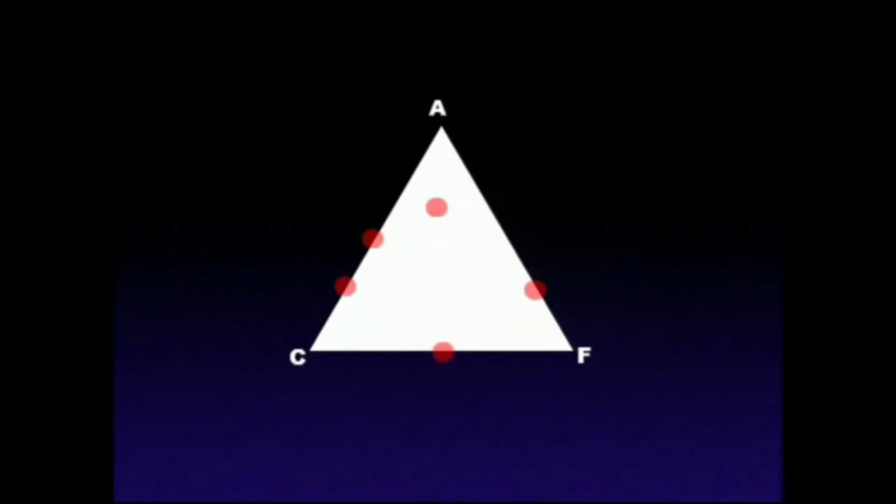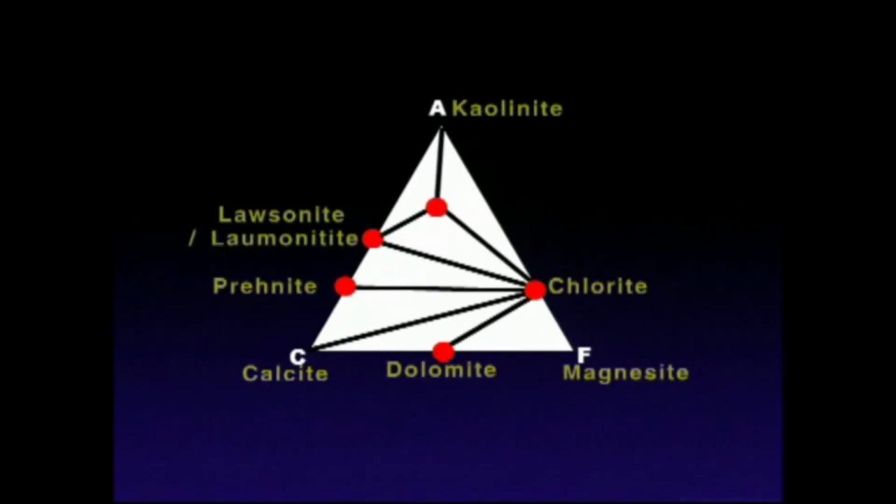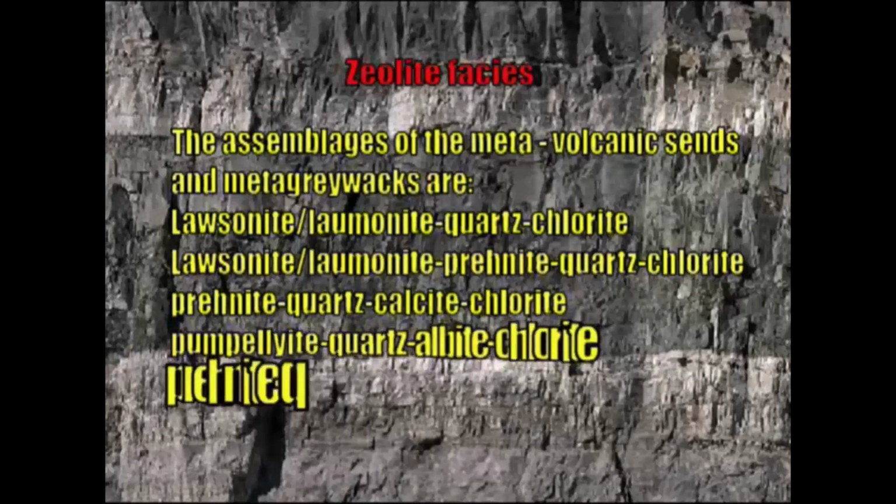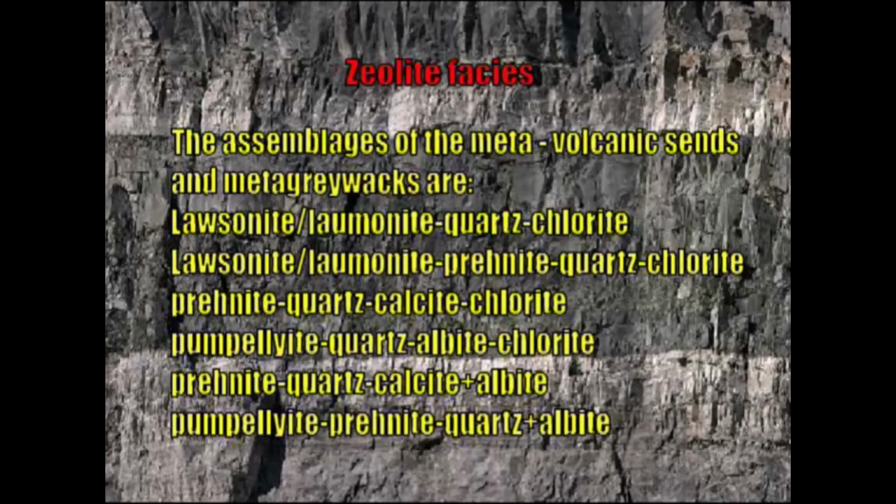The important metabasic assemblages on the basis of ACF diagrams are as follows: lawsonite or laumontite, quartz, chlorite; lawsonite, laumontite, prehnite, quartz, chlorite; prehnite, quartz, calcite, chlorite; and pumpellyite, quartz, albite, chlorite.